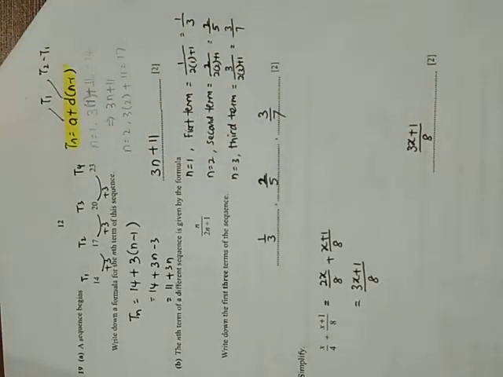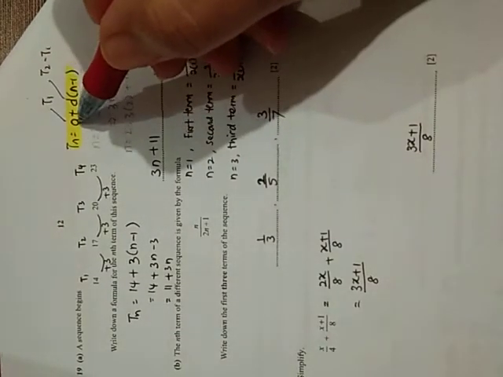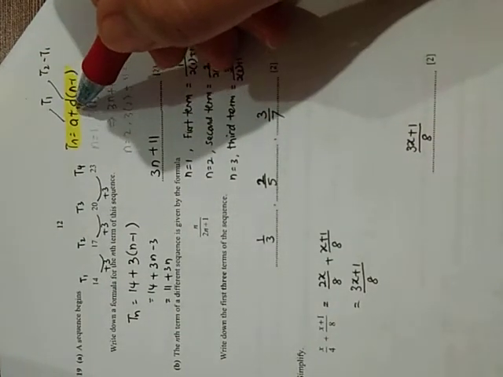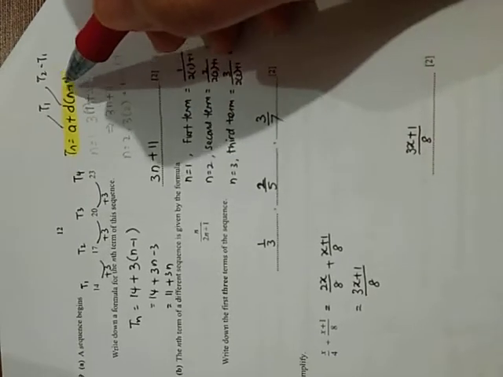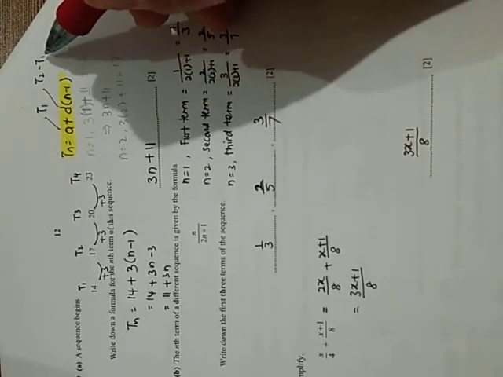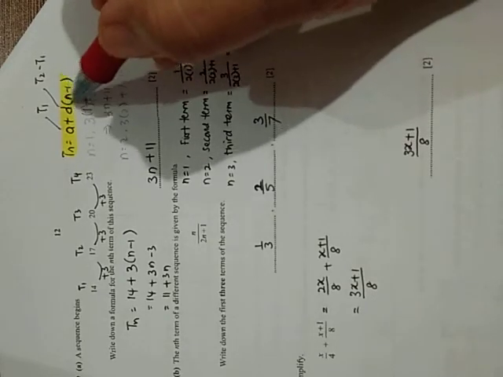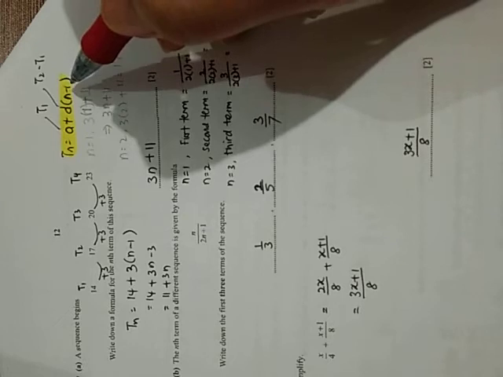Another way, in later time you will learn about arithmetic and geometric progression. There's a formula: Tn equals A, the first term, plus the difference D. The difference can be T3 minus T2 or T2 minus T1, any two consecutive terms. Multiply that by n minus 1.